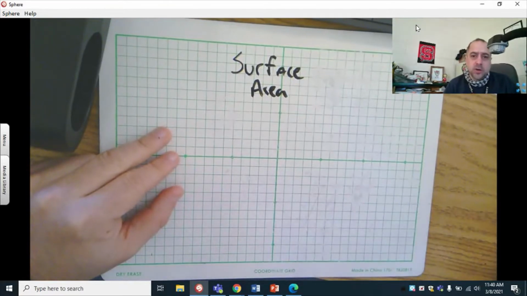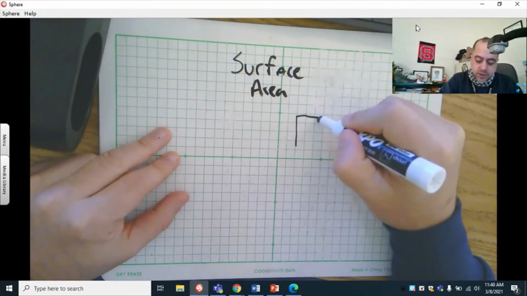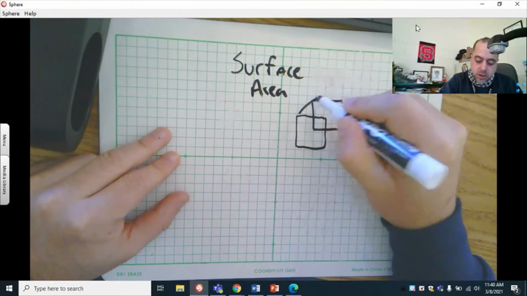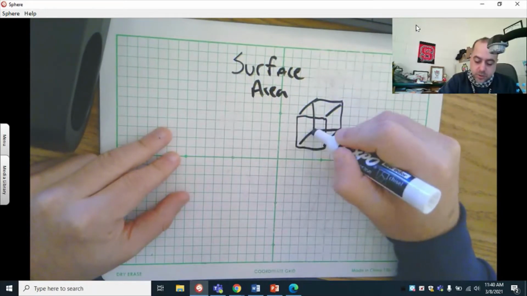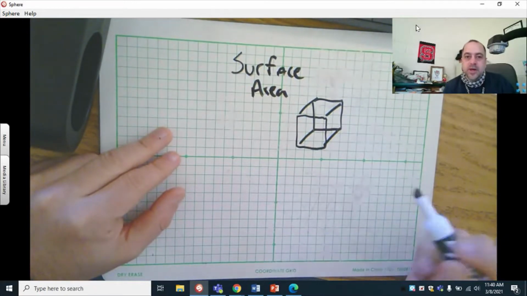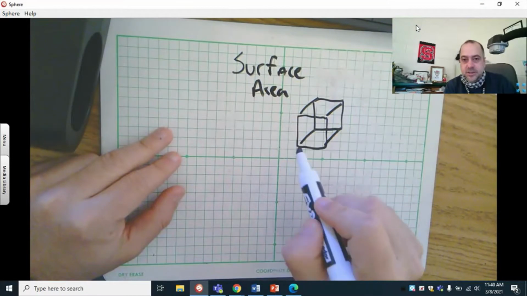So all you're doing in the surface area is you're gonna have a 3D shape. Let's see, I'm gonna draw poorly, but I'm gonna draw this cube right here, okay? And what we have to do is find the area of all the surfaces.